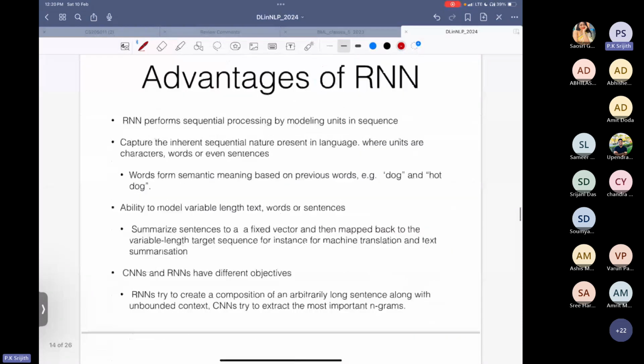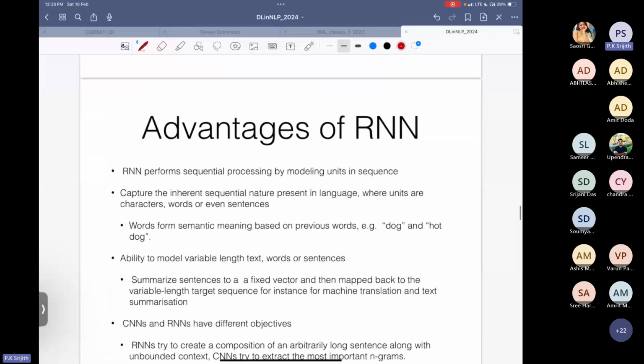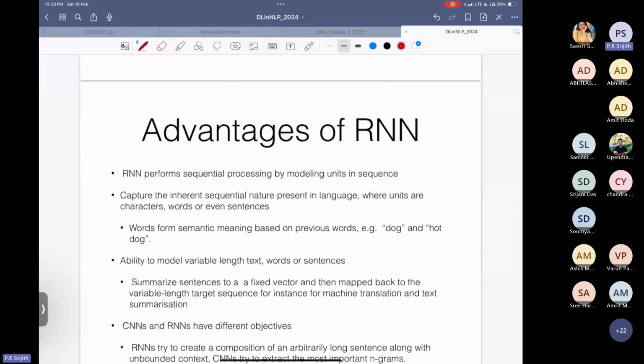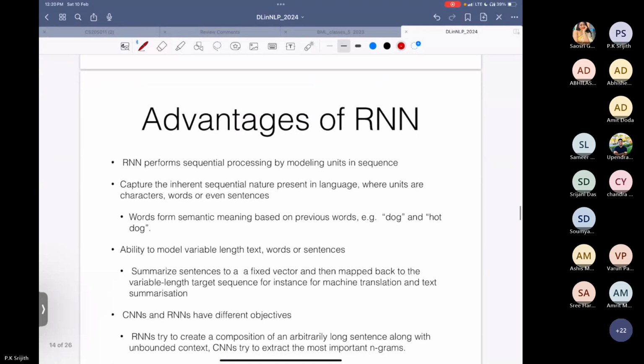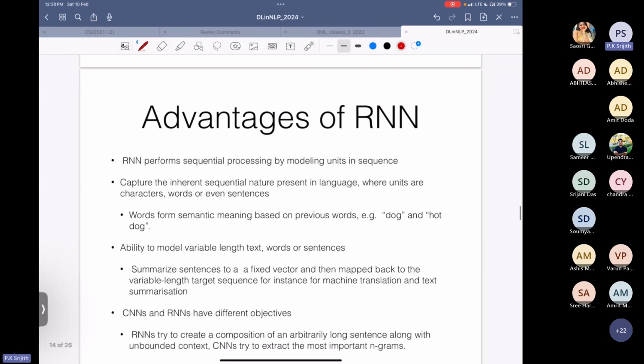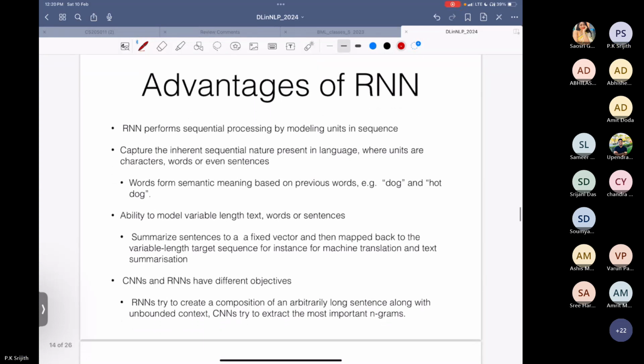Well, maybe it will be closer, probably. Okay, sir. But this is what it is, right? It is, yeah. So the model tried to create a composition of an arbitrary long sentence along with the unbounded context.